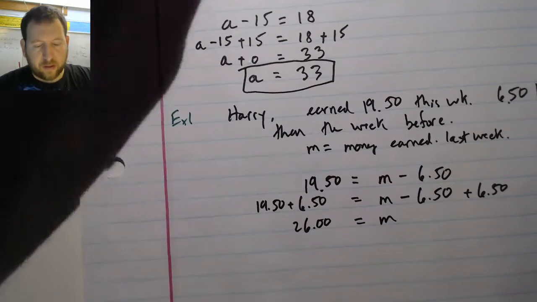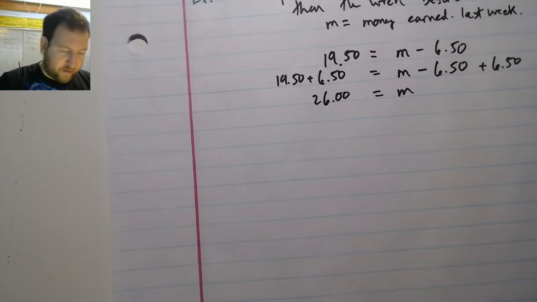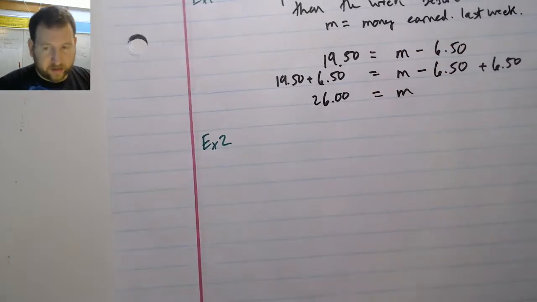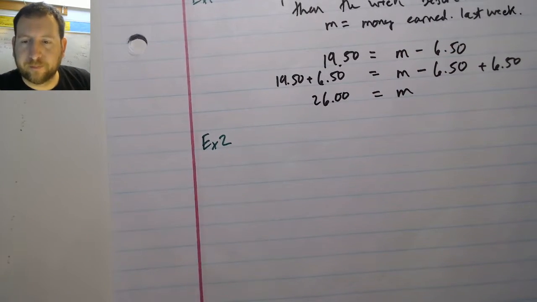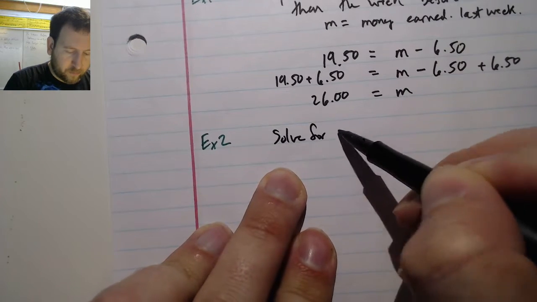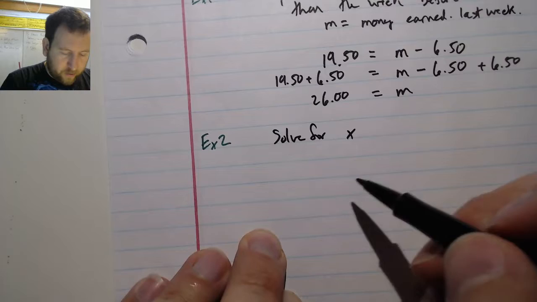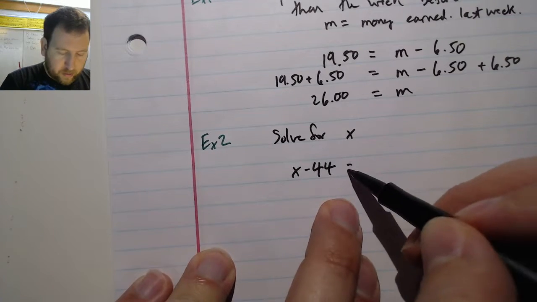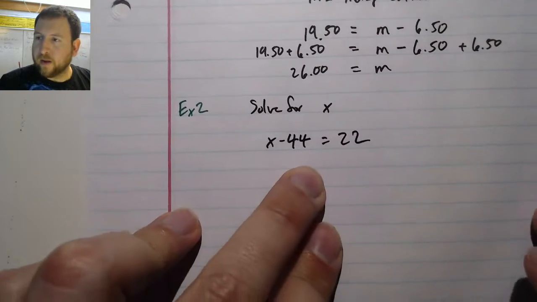Okay? Let's take a look at another quicker and simpler example before I send you on. Solve for x. Got x minus 44 equals 22. Okay, pretty simple.